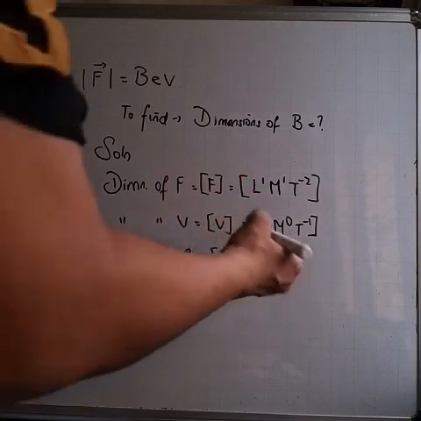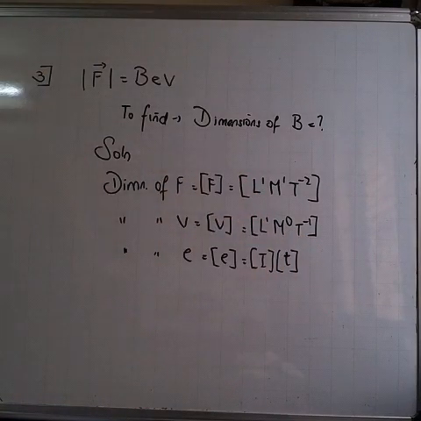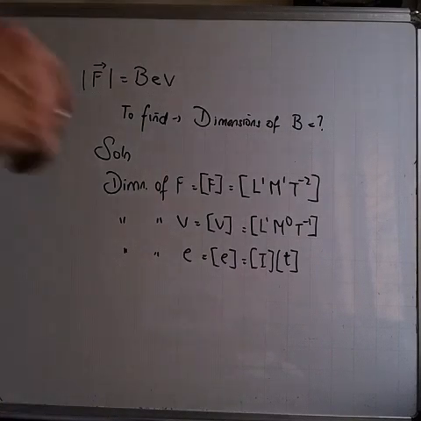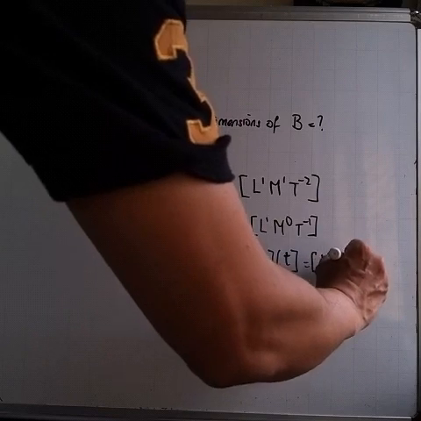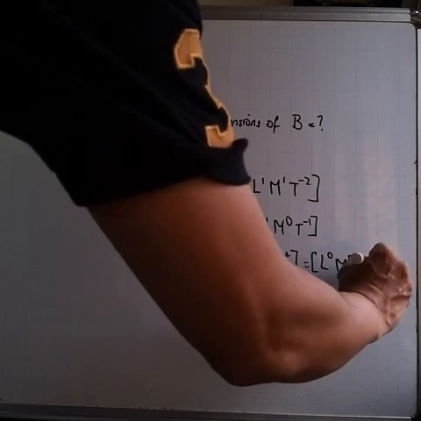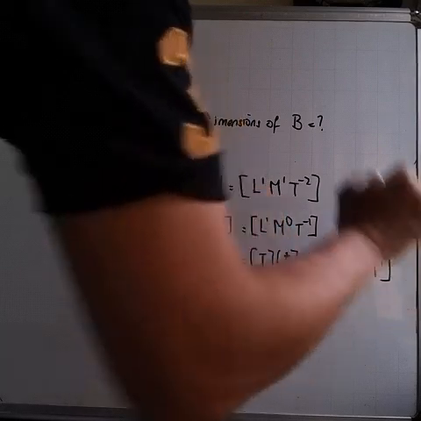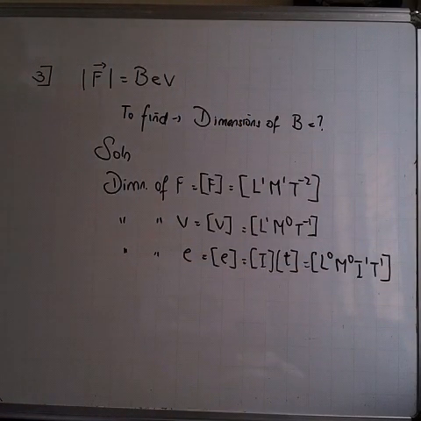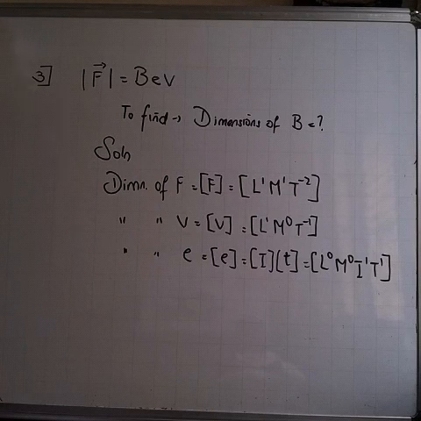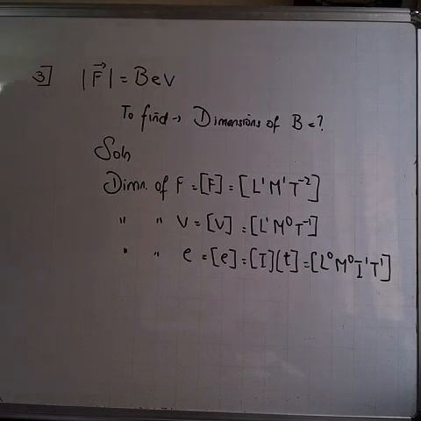So automatically you can tell me the dimensions of charge: I into T, so L0 M0 I1 T raised to 1. This is the dimension of charge.